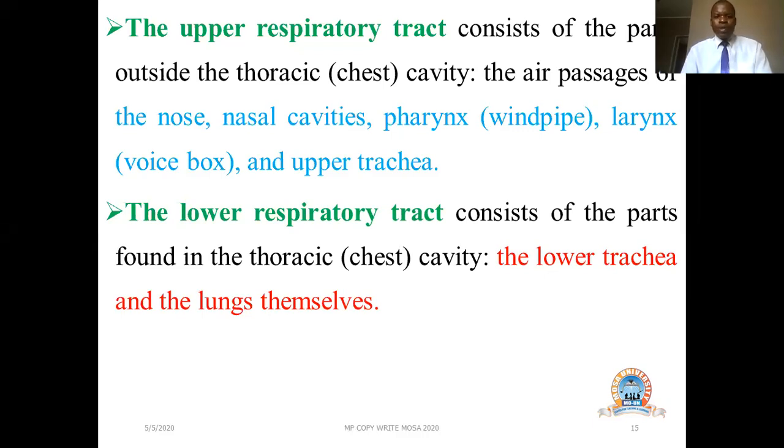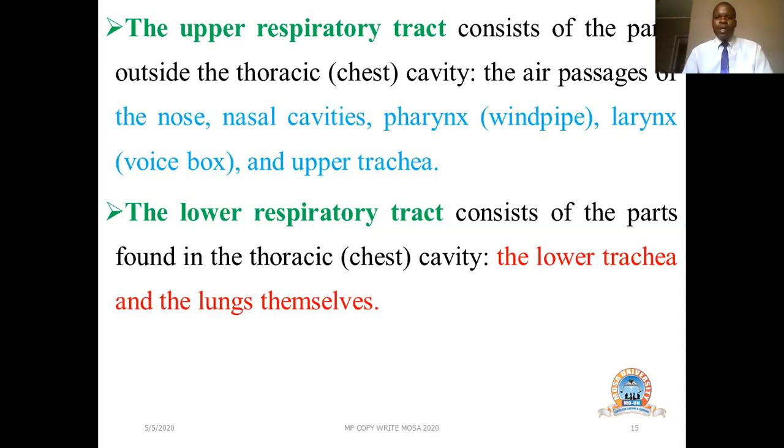Then the lower respiratory tract consists of the parts found in the thoracic cavity, that is the chest: the lower trachea and the lungs themselves. So here we are trying to mention some structures which are involved in the upper respiratory tract and lower respiratory tract.